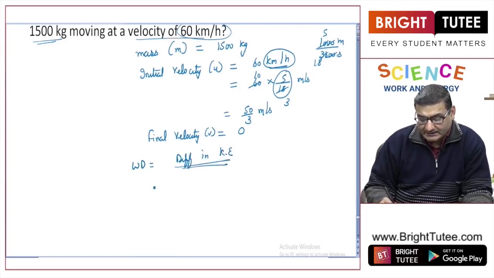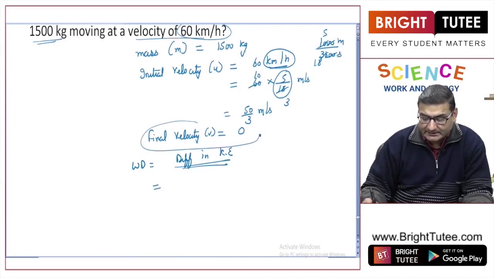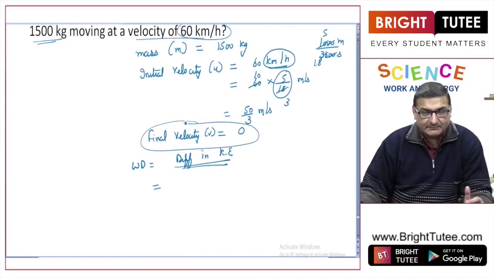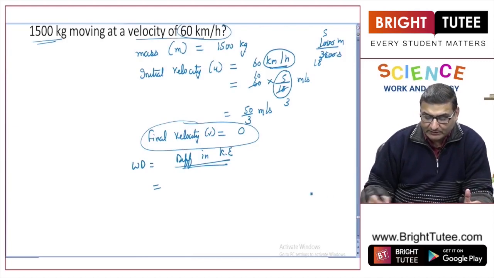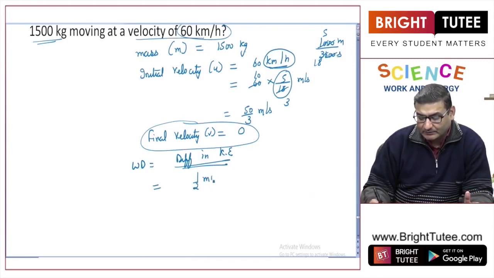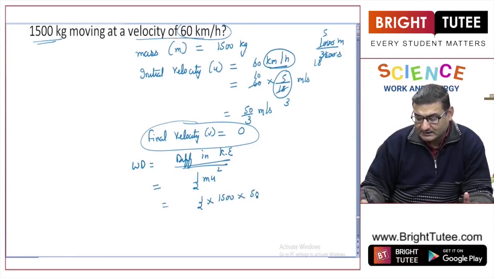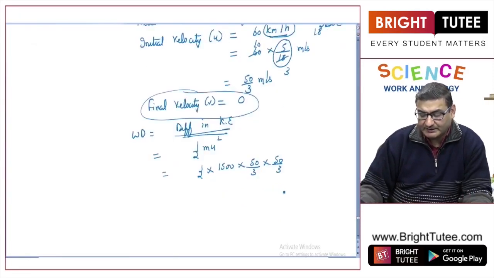Once again, the final kinetic energy will be 0, as we have seen in the previous question above. So it will be just the initial kinetic energy, that is half into m into u square. By putting the values, half into 1500 into 50 by 3 multiplied by 50 by 3.